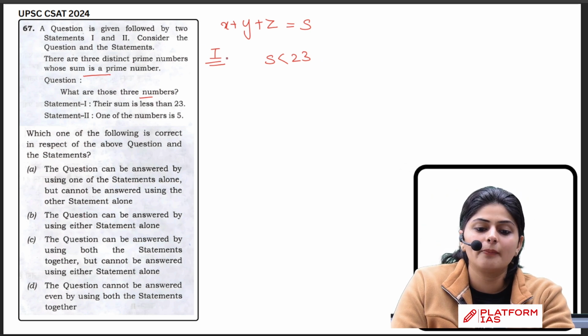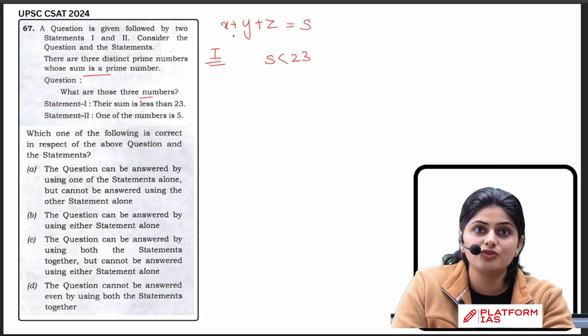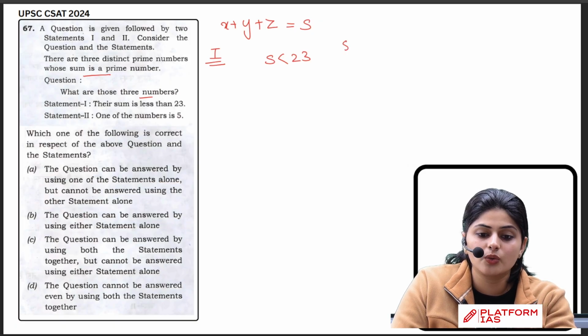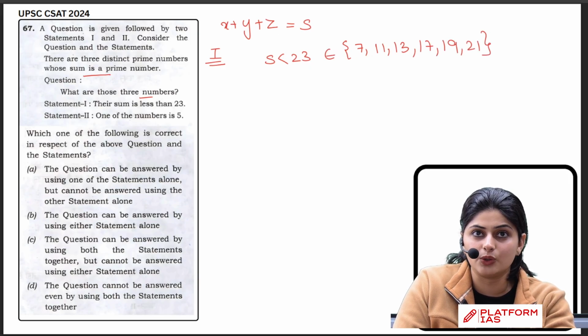Why? Because then x, y and z would have to be 2, 3 and 5. So definitely the value of S will be greater than 5. So it will be 7, 11, 13, 17, 19, 21. S can take any of these values.